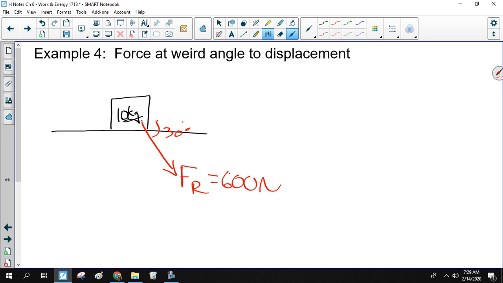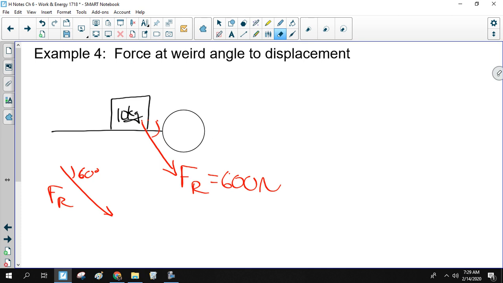What we're going to do is make a free body diagram, and then calculate the work done by each of the individual forces. First thing we have to do is split up the force of Roy into components so we can make our drawing. So here's our force of Roy. We know this angle is 60 degrees. Sorry, I meant 60 before. 60 degrees below the horizontal.